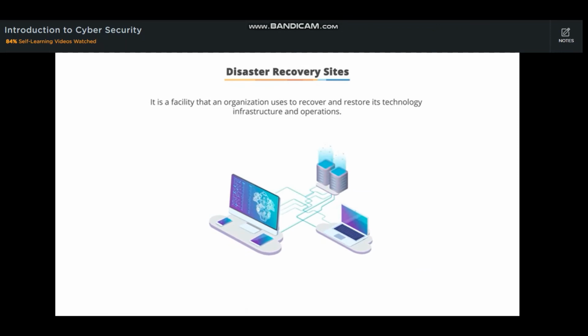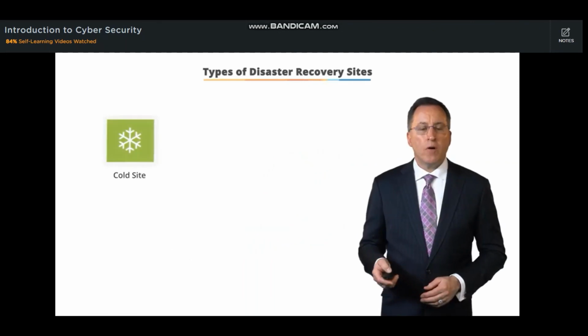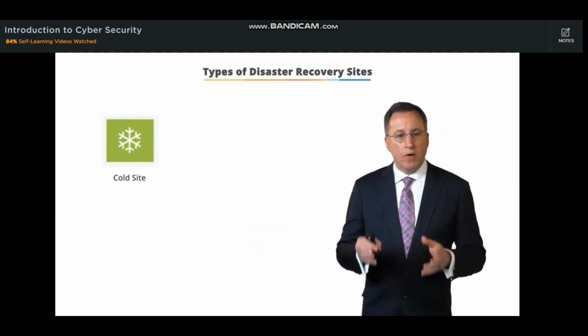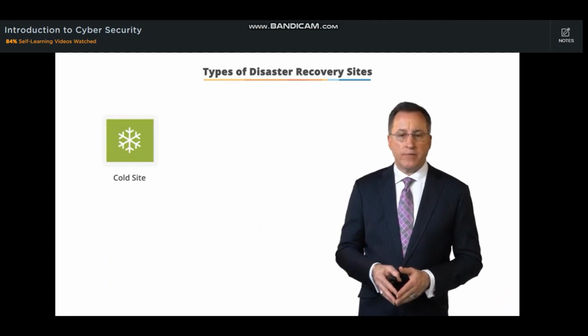A disaster recovery site is a facility an organization can use to recover and restore its technology infrastructure and operations when its primary data center becomes unavailable. It should be chosen on the basis of recovery strategies, your recovery point objective, and your recovery time objective. Cold sites. A cold disaster recovery site is the most simplistic type of disaster recovery site.